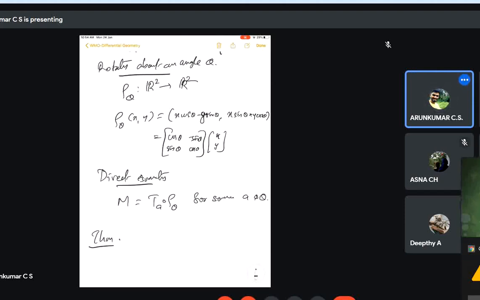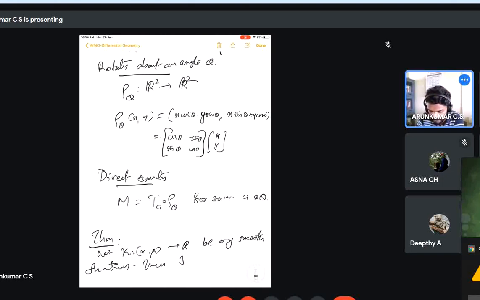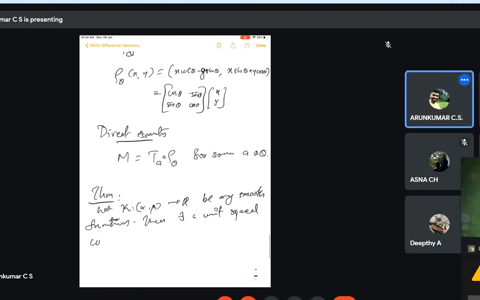It says that let kappa or K, whatever way you want to pronounce, be any smooth function K from (alpha, beta) to R. Then there exists a unit speed curve gamma from (alpha, beta) to R2 whose signed curvature is K.